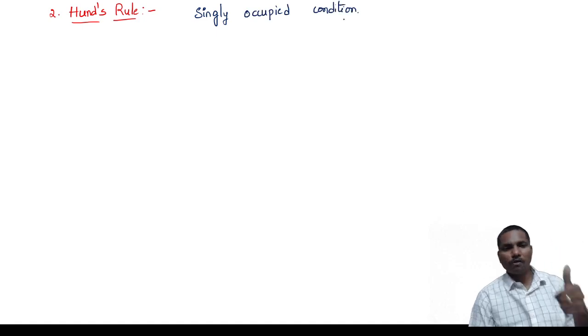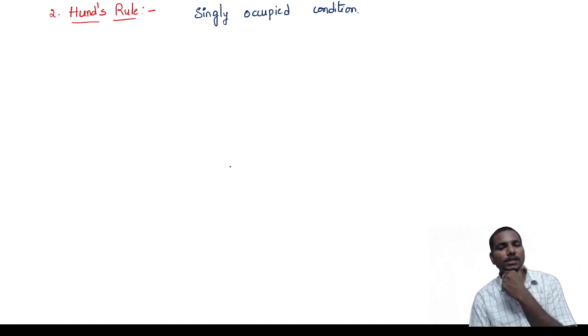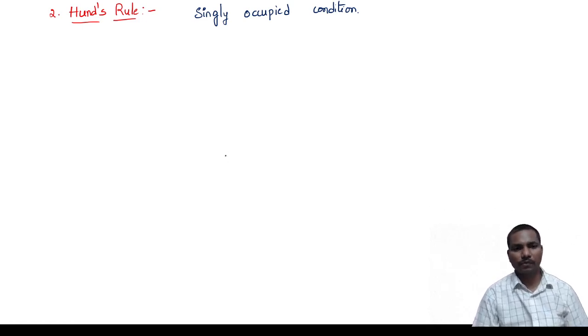That means if you have s, p, d orbitals, in each orbital at least one electron should be filled.